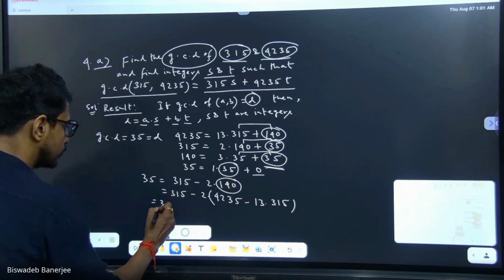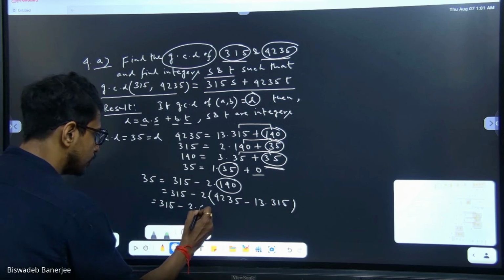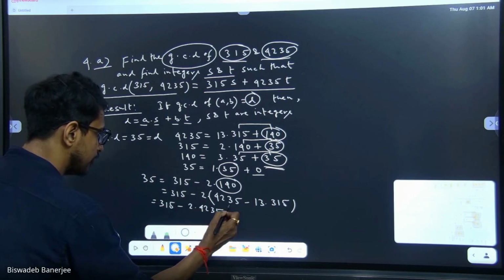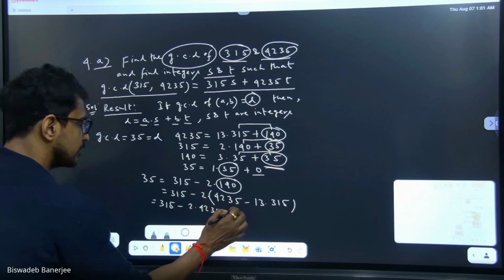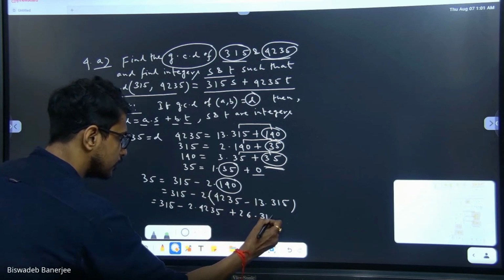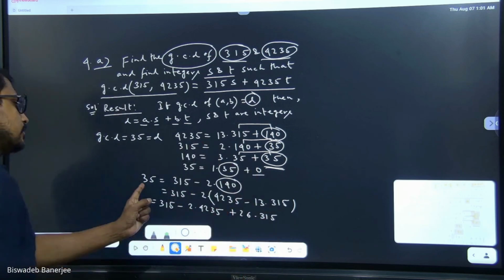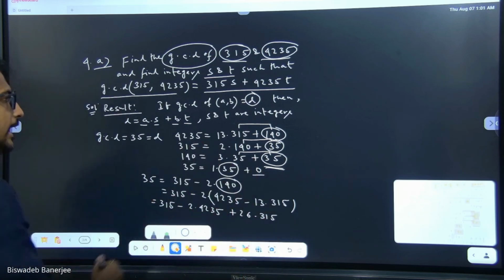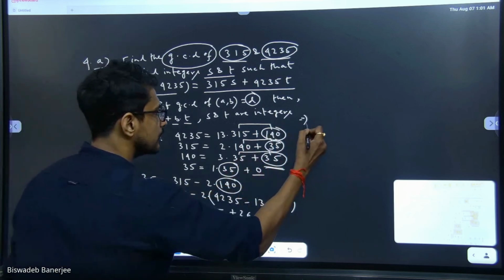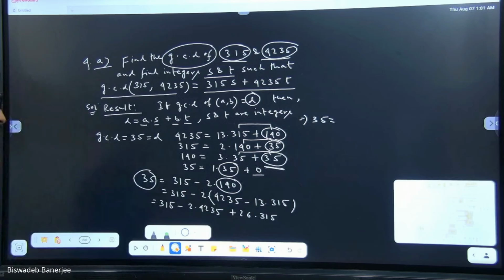Then this is equal to 315 minus 2 into 4235 minus 13 into 315. Okay, done. So we write 35 like this. And finally, I'm writing here 35 equal to, my left hand side is 35.